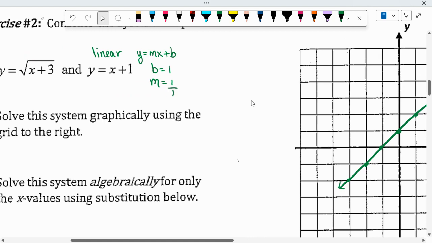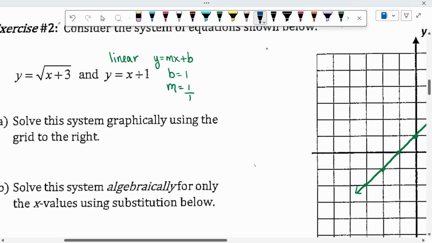Okay, so let's talk about the square root function. Aaron, when I have a square root function and there's something taking place inside the function, does this plus 3 mean that my starting point moves to the right or to the left? It moves to the left. So this is going to move left 3 units.